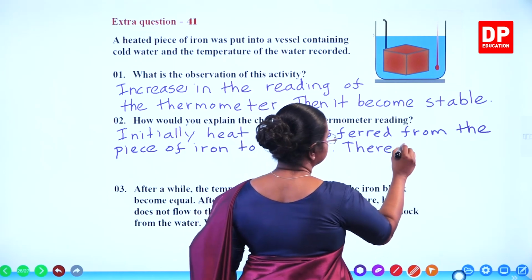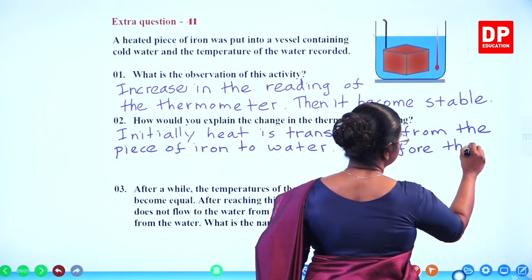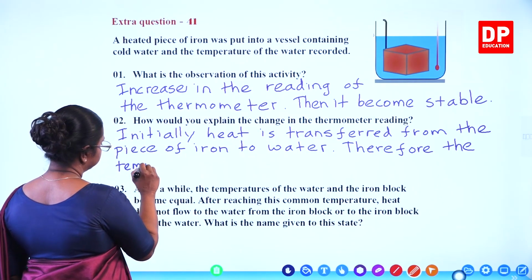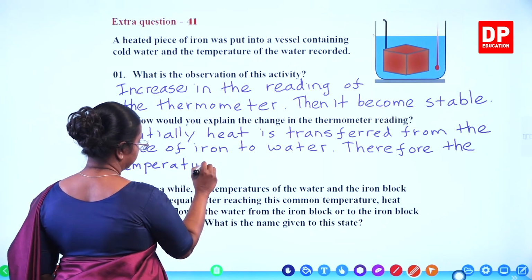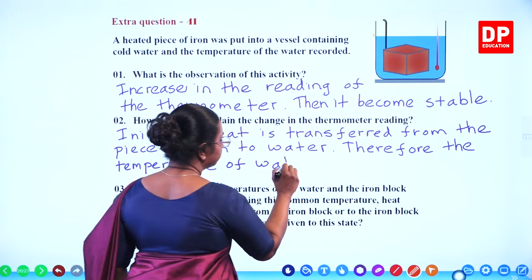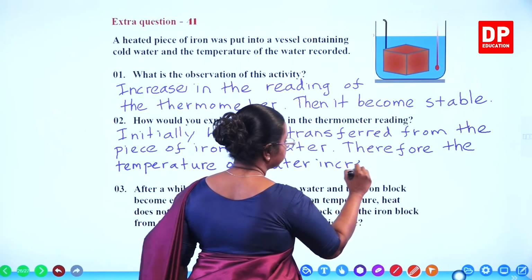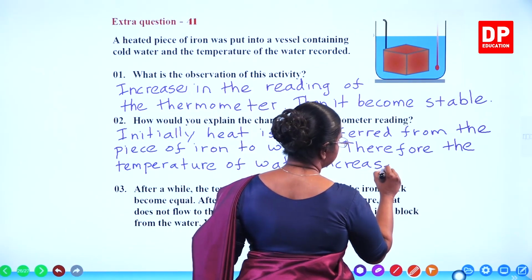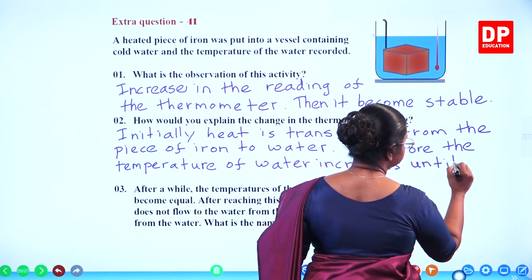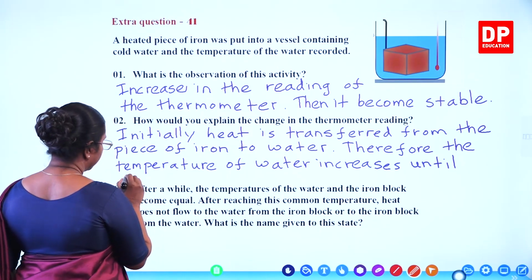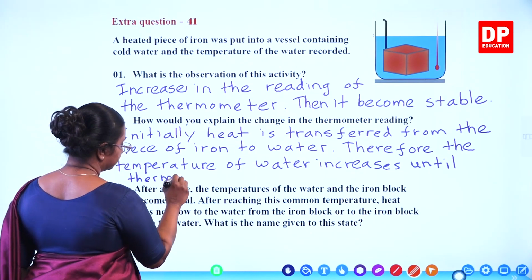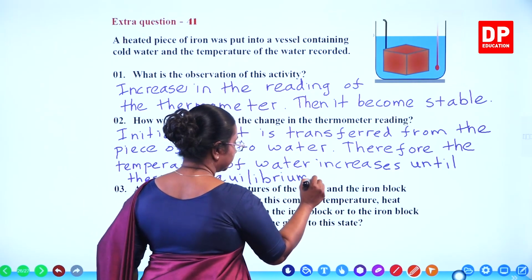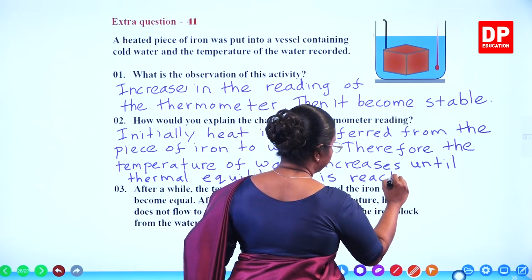Therefore, the temperature of water increases until thermal equilibrium is reached.